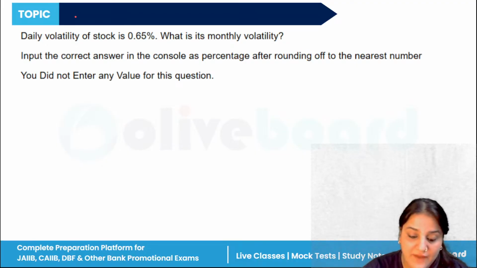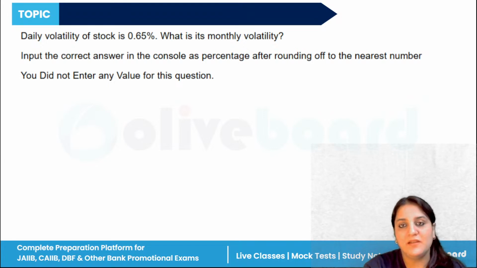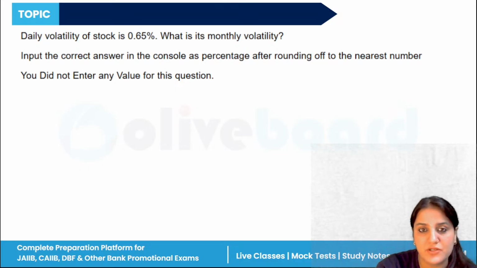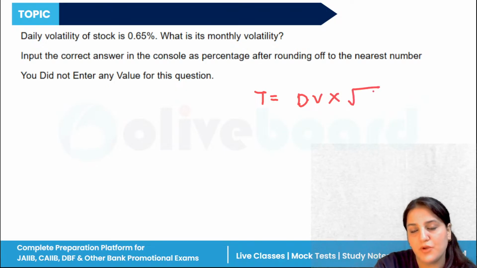Then again we have to calculate the volatility, and now 0.65% daily is given, but they are asking about the monthly volatility. So simple, here we just do the calculations. We know that T-day volatility is equal to daily volatility times the square root of the number of days.